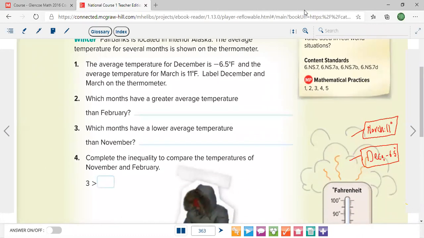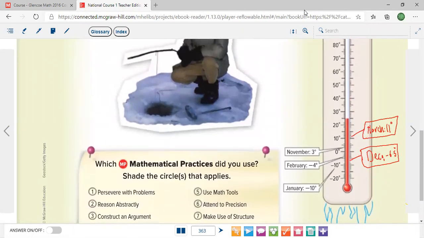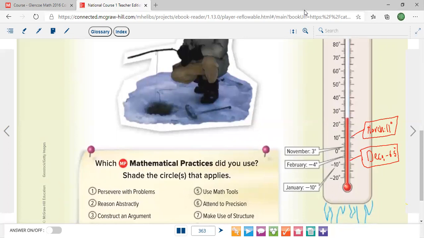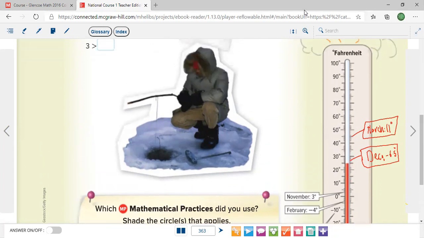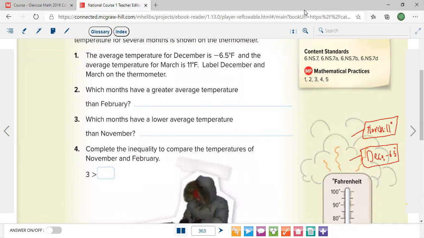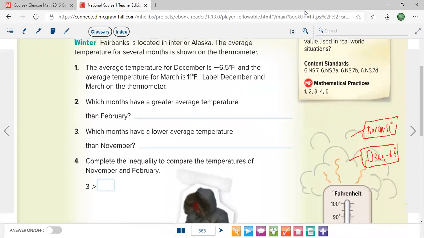And which months have a lower average temperature than November? Lower than November will be February with negative 4, December with negative 6.5, and January with negative 10. Complete the inequality to compare the temperature of November and February.